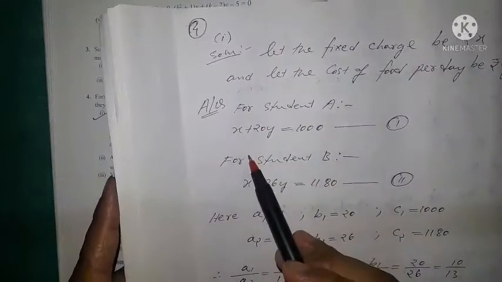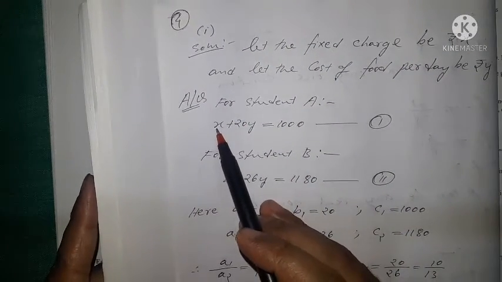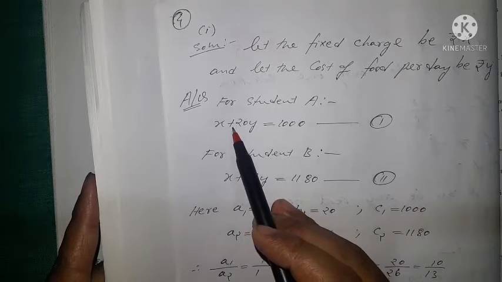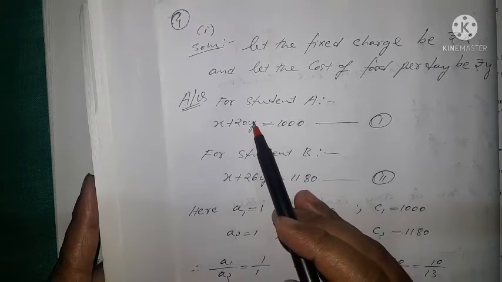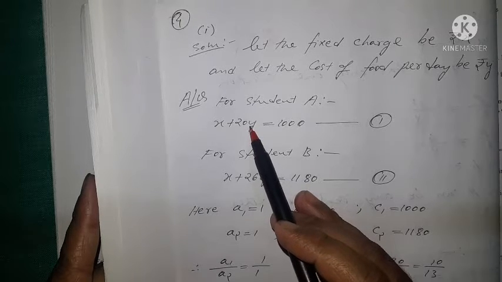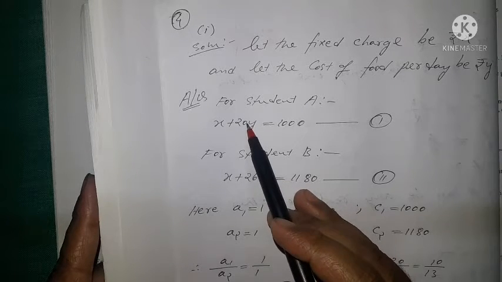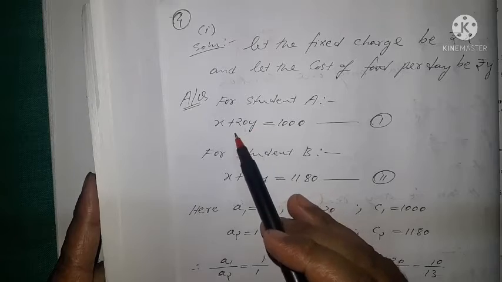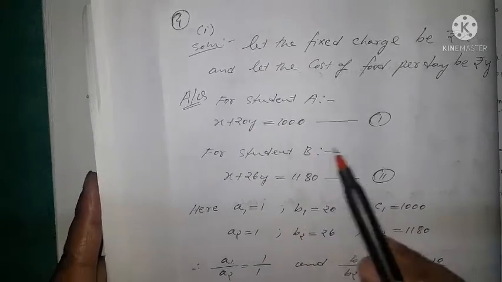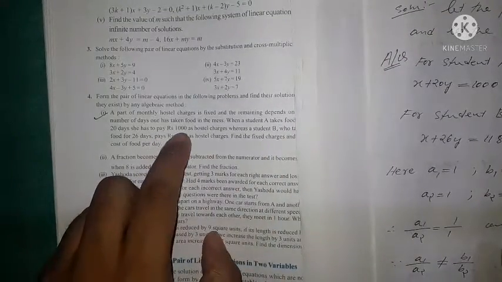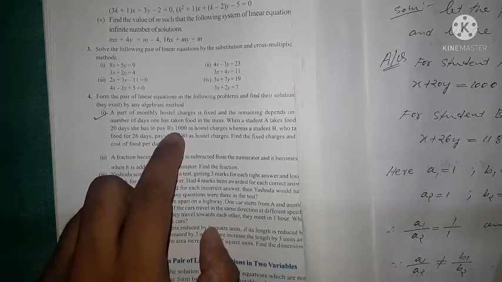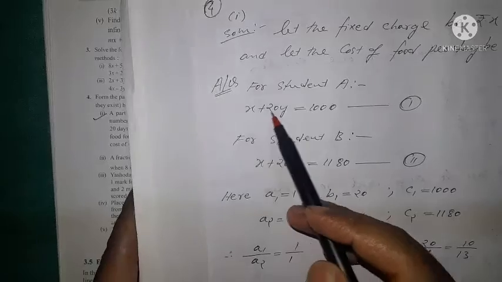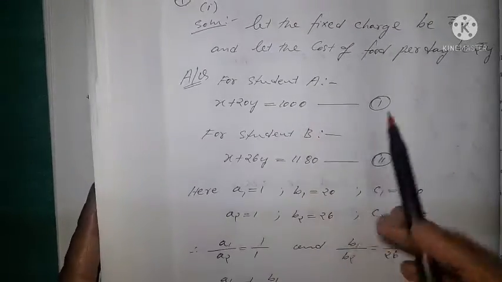That means student A needs to pay the fixed charge, which is X, plus, as she is staying for 20 days and the cost of food for one day is Y, 20Y. So X plus 20Y is equal to 1000. This is equation 1.